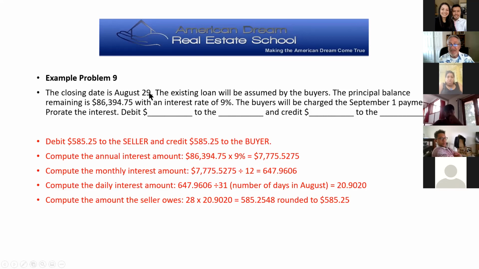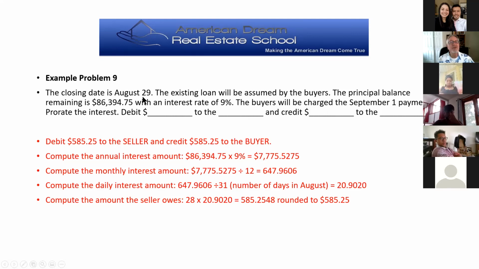Remember, the seller owes because interest is paid in arrears. When he makes that August 1st payment, that was for July's interest. So when this buyer's making a September 1st payment, they're paying for all of August, but they weren't in there for all of August.